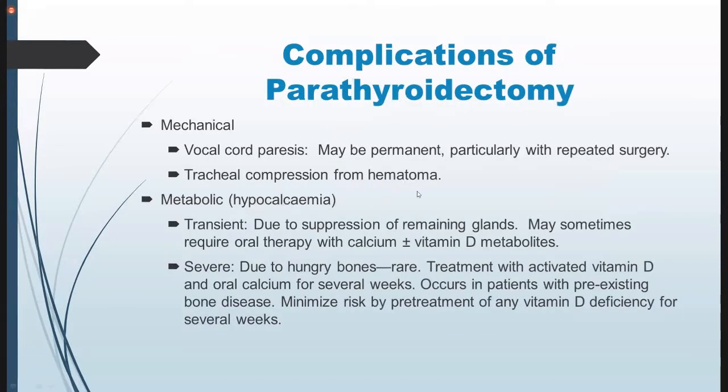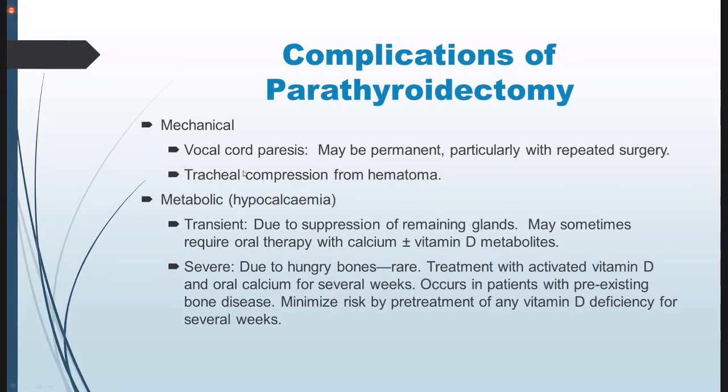A little bit about the complications of parathyroidectomy, which you should know. Number one is mechanical, and number two is metabolic. Mechanical, because the area where the parathyroid glands are situated is quite sensitive. It's in the neck. There are large blood vessels, trachea, and esophagus, which can get damaged if the surgery is really nasty.